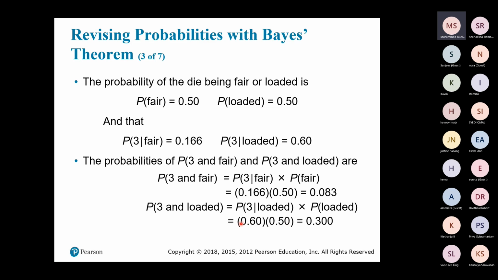The probability of getting number 3 when you throw the loaded, modified die is 0.6, multiplied by the probability of choosing the modified die, which is 0.5. So 0.6 multiplied by 0.5 is 0.3.